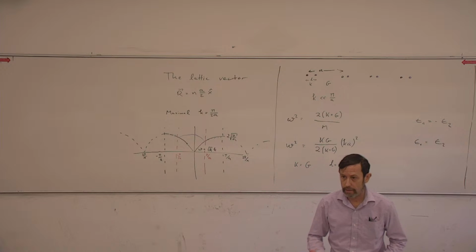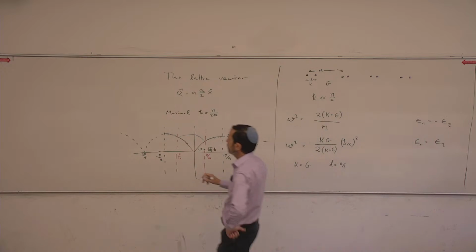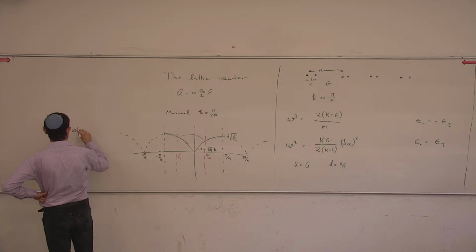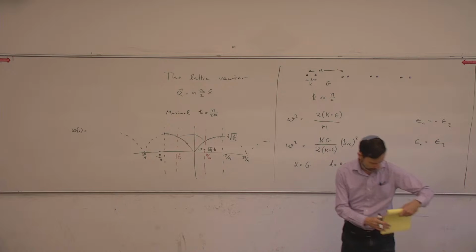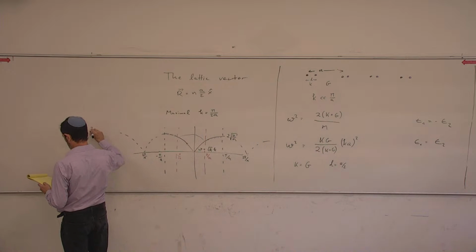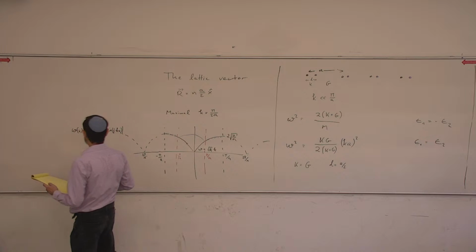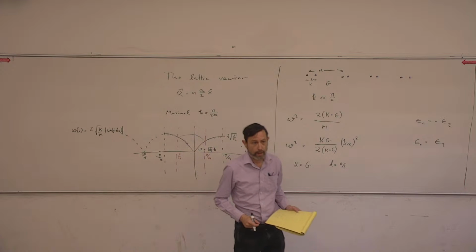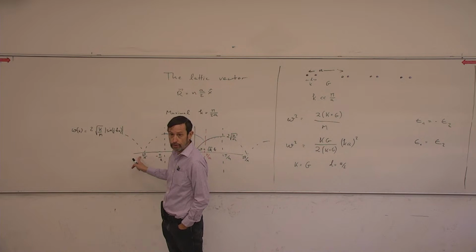Just take the equation that we obtained and insert into k a value of, let's say, 2 pi over a.